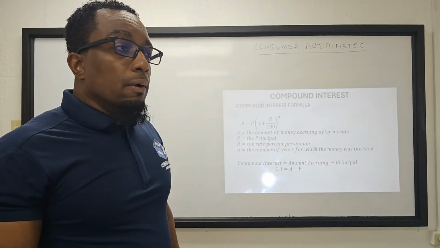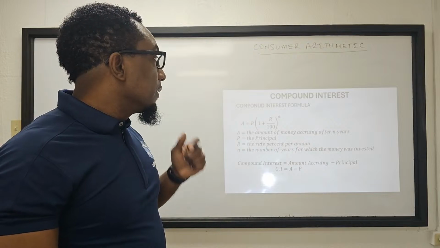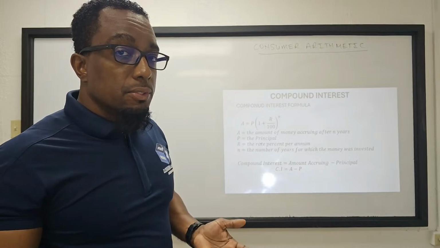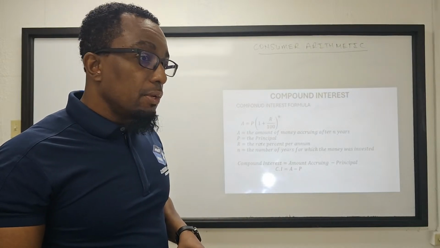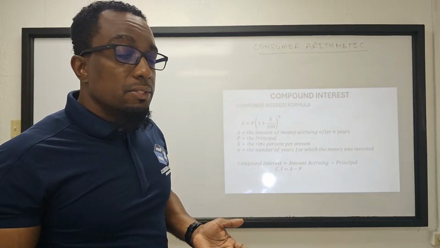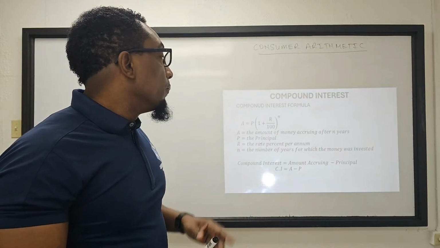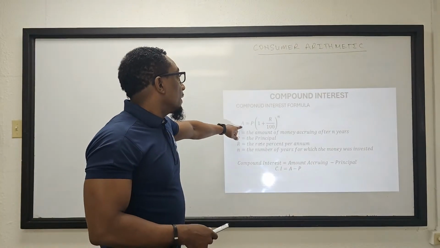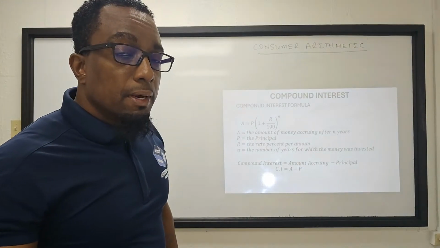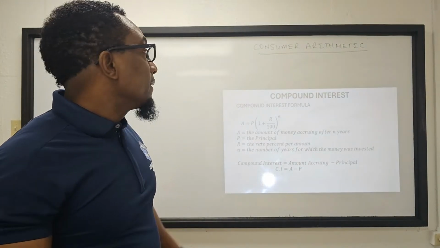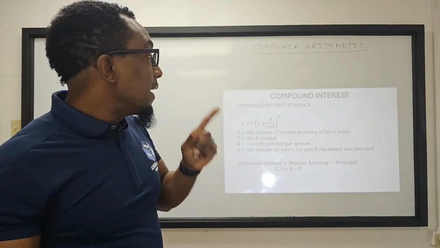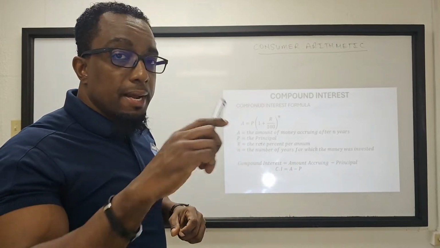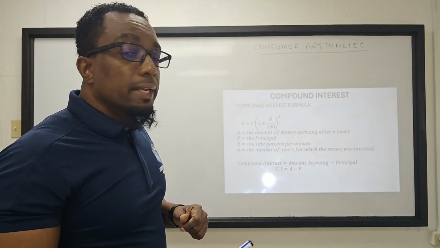For us to determine the amount of money that is owed to us if we have our money saved in a financial institution, the amount accruing can be found by using this important formula for compound interest, which we must know. A equals the principal, in brackets 1 plus the rate divided by 100, raised to power n.